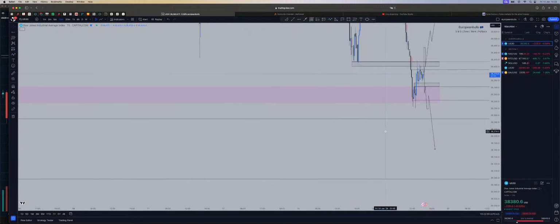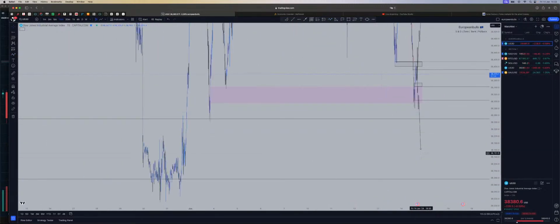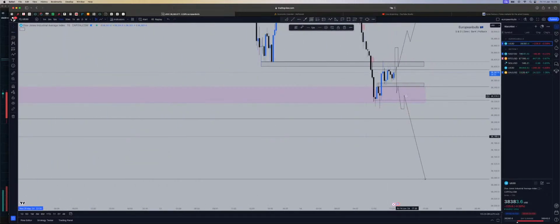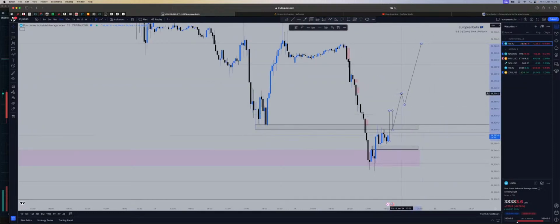Let's see where the point of interest is. Well, it's here, but I would not expect that low today, or maybe, because the data is still pending and it's on sell. So let's see how it goes.